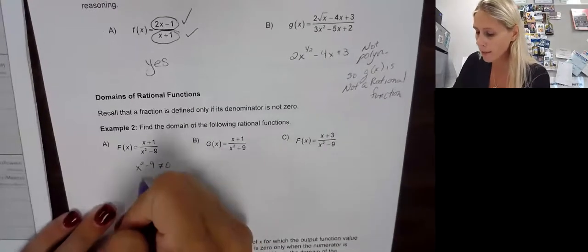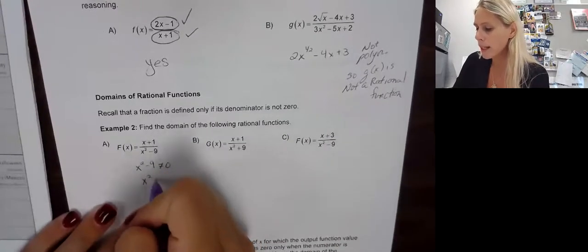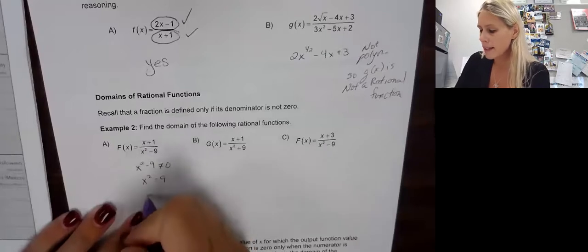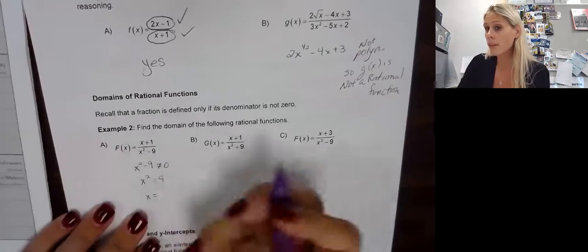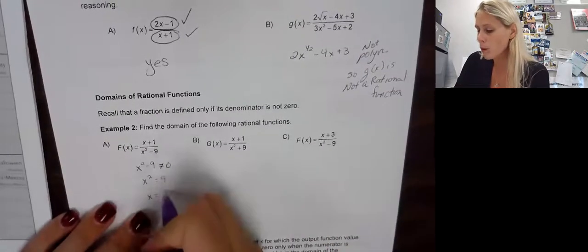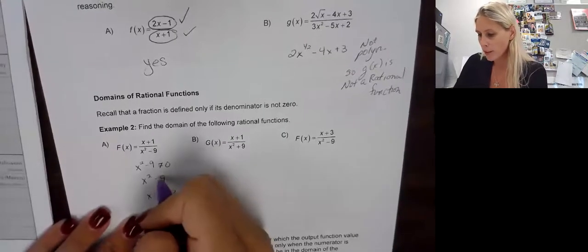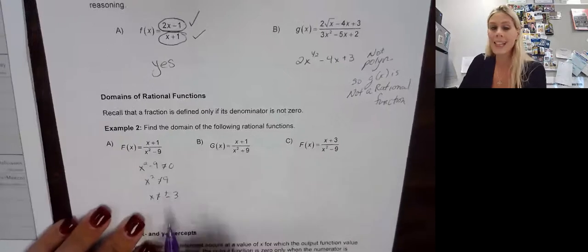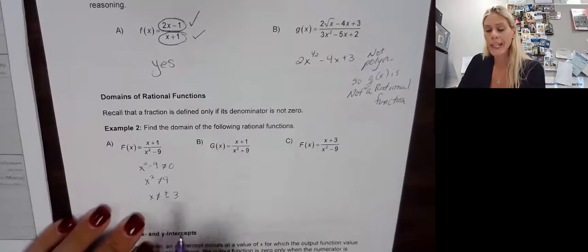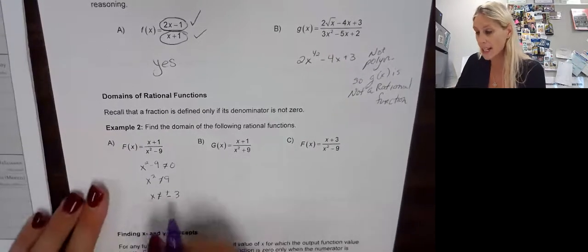So when I solve for this, I get x squared equals 9. And then x equals, and be careful of this because when you take the square root, you get plus or minus 3. And don't forget, this is not equal to. This counts, guys. Make sure you say does not equal to.